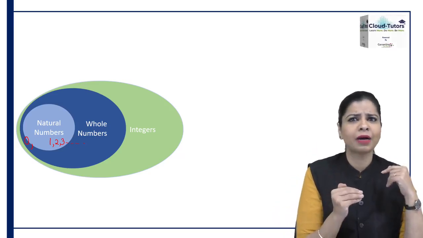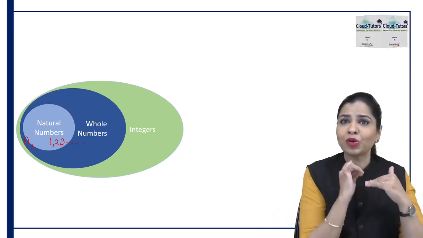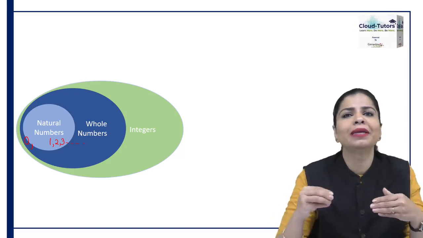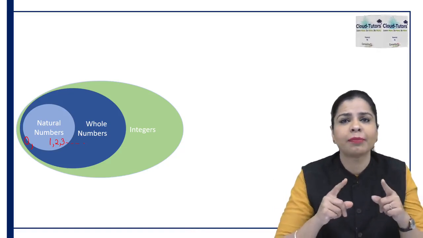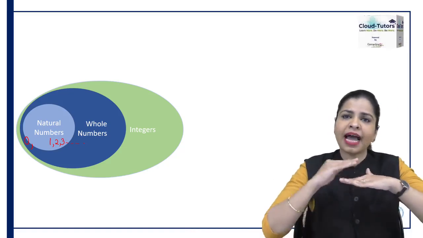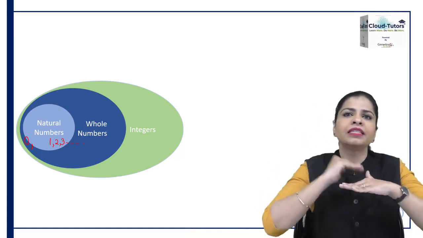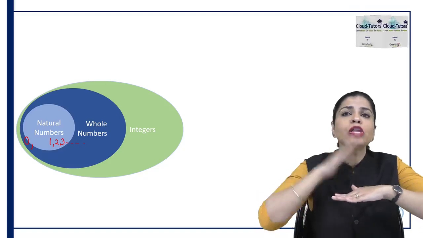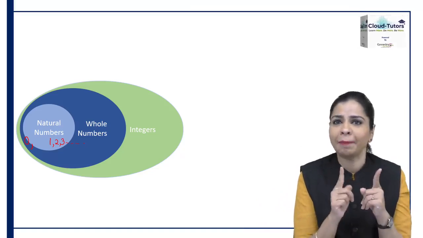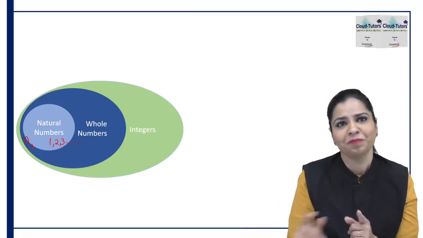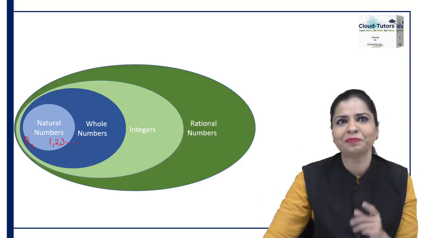Why do I say upcoming classes? Because you have one more number family which you will be learning later. But remember, whatever we learn in this chapter is the base, and the next number family is an extension of this family. So you should be very strong with these basic concepts. So please pay attention. All right, so let's see.